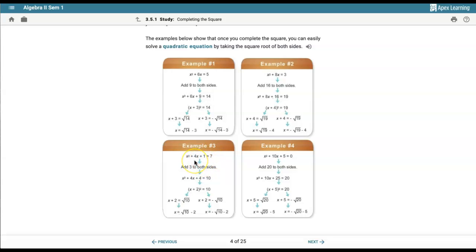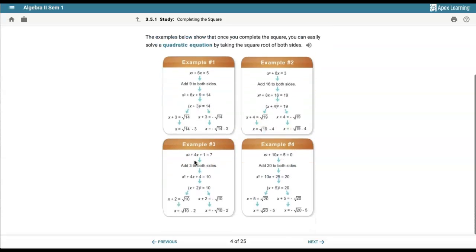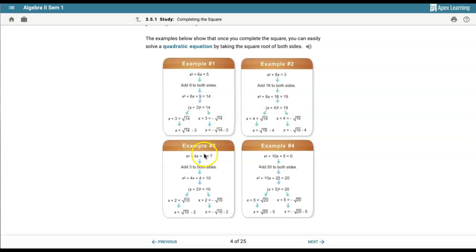Well, 1 is a perfect square, but 1 + 1 is not going to give me 4x in this case. But 2 squared would give me 4, and 2 + 2 would give me 4. So I need this number, instead of being a 1, to be a 4.